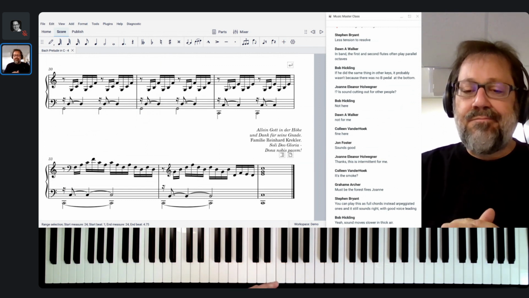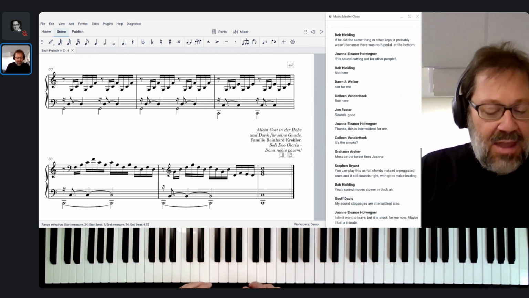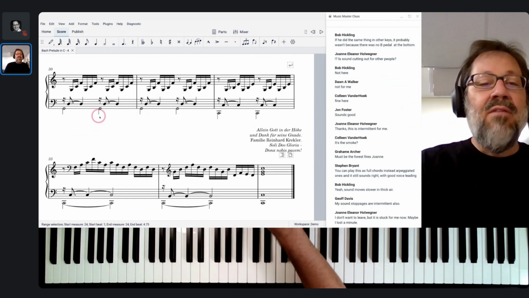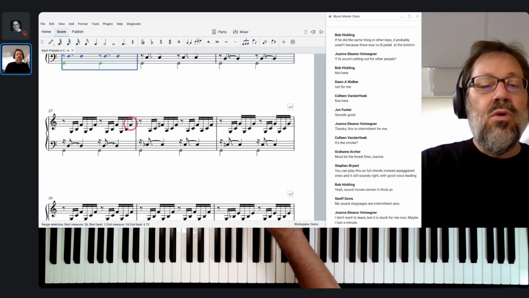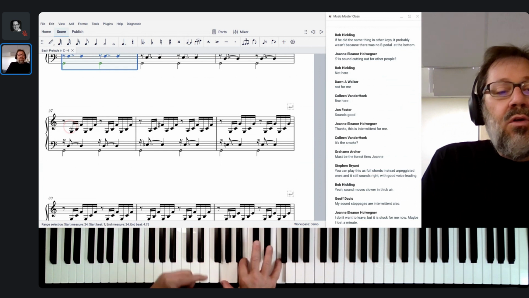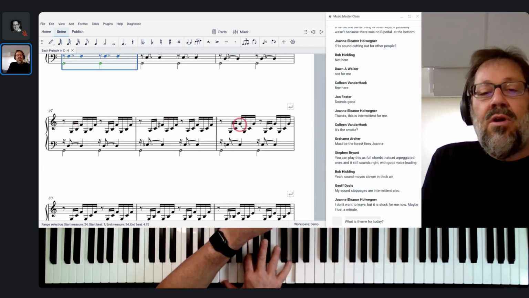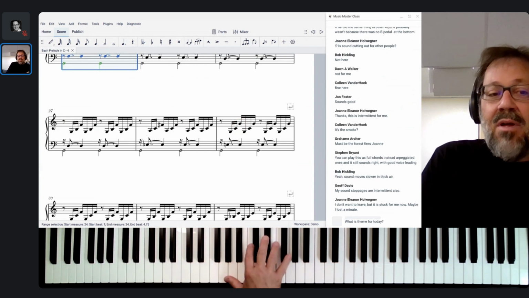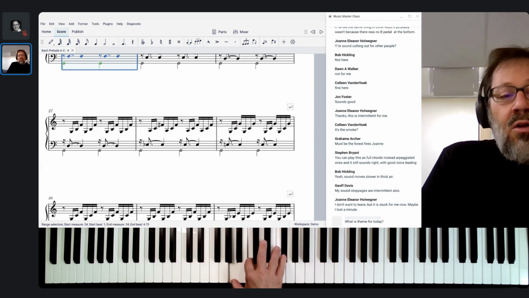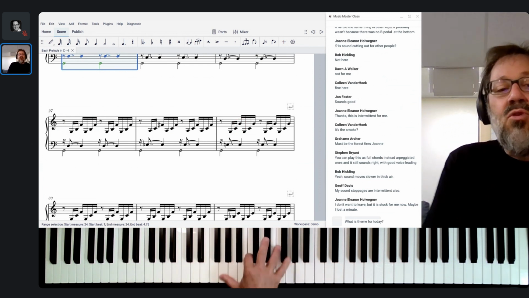So, and Stephen's observation that, yeah, if you've got good voice leading, then when I play these chords in full, this chord to this chord to this chord, this is all good voice leading. Everything is moving in step.